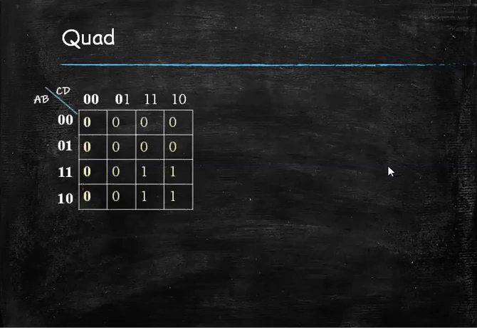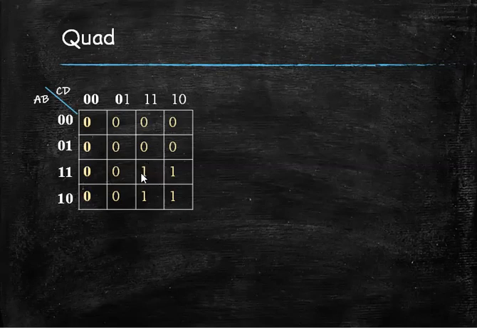Okay, we consider the example. When we look at this one, here 1 1 is common, and here 1 0, here 1 1, here 1 0.